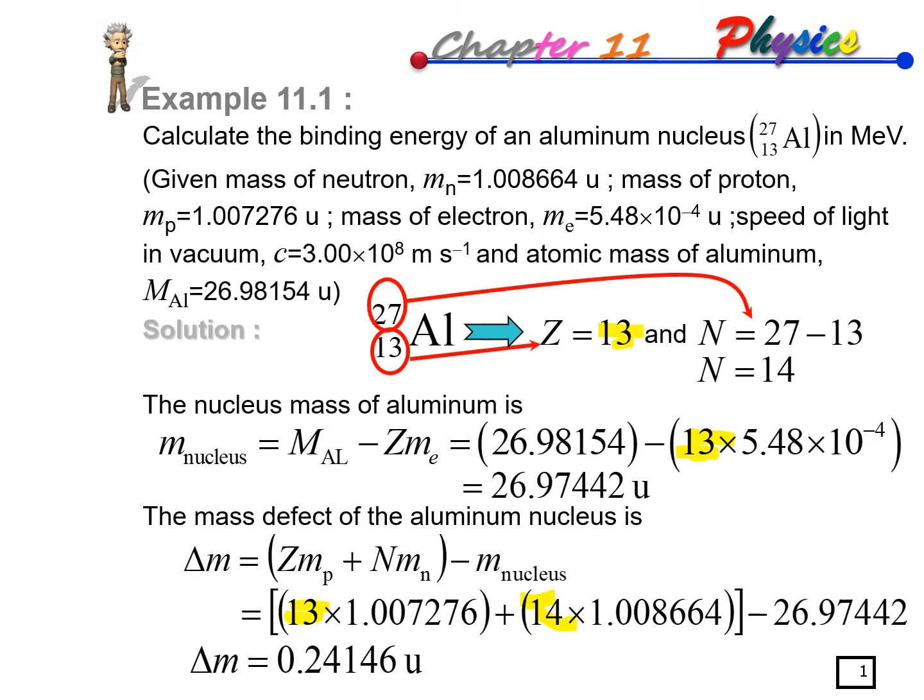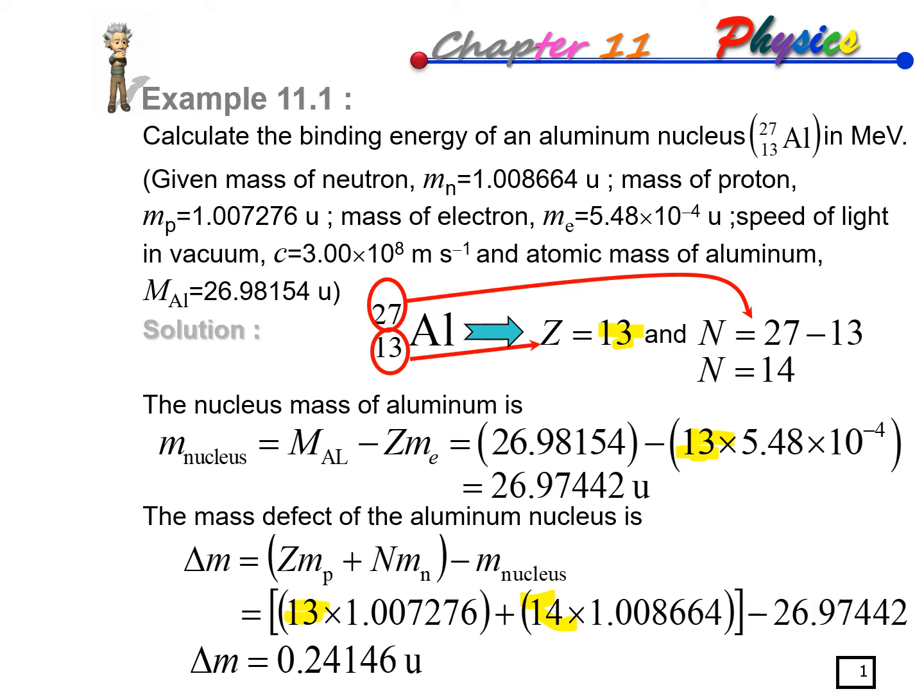For this calculation, whatever value you obtain in your final answer, do not round off. Just leave it with however many decimals you have. For example, if you have 0.24146, or even 0.0001, that is your final answer. Take the full decimal value you obtained for the mass defect.